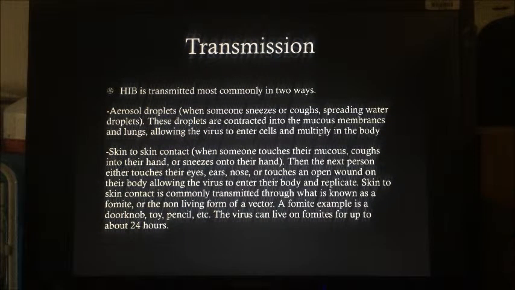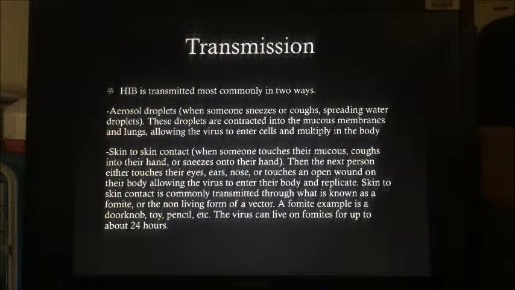So Hib is transmitted in two different ways. First off, through aerosol droplets. That's when someone sneezes or coughs, and the other person contracts it by breathing it in. Basically, that enters the body and multiplies inside. Next is skin-to-skin contact.